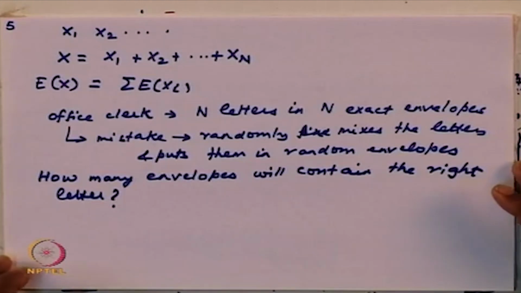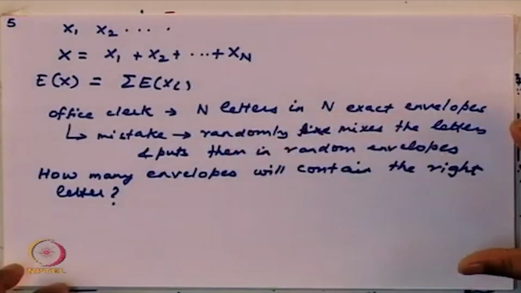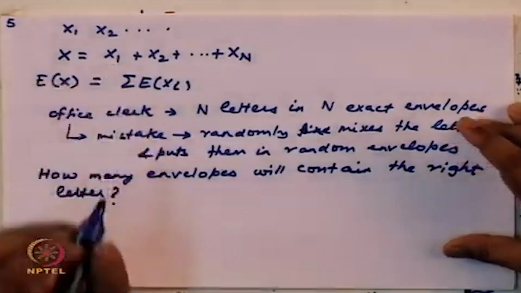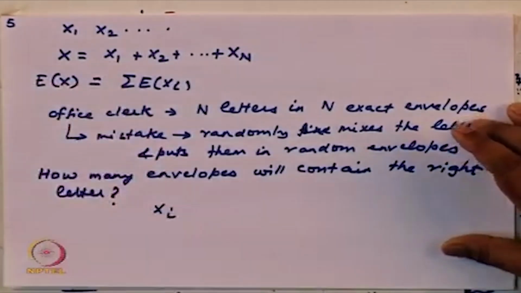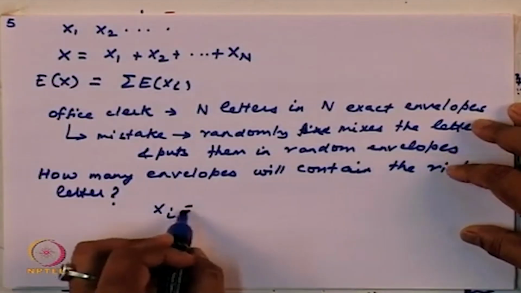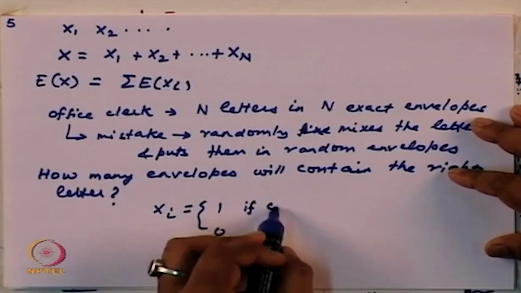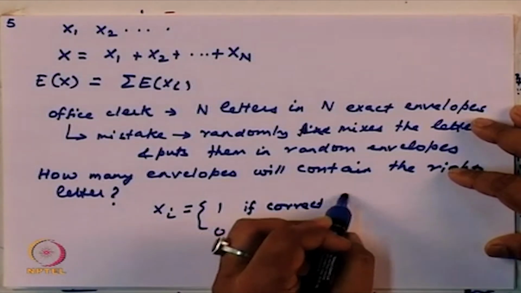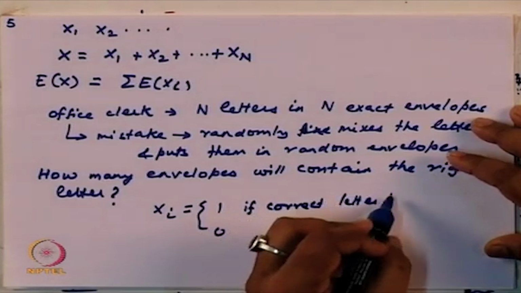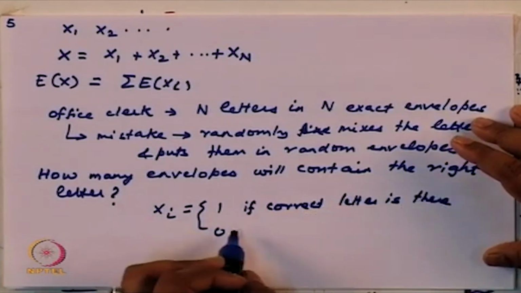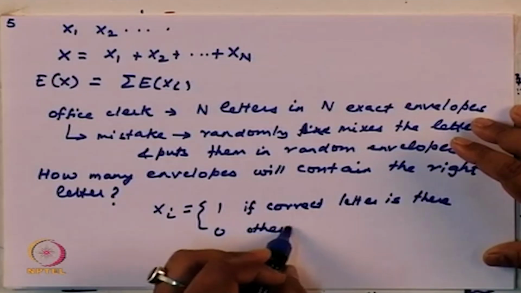So, how do we do it? You have n letters to be put in n exact envelopes. Let us define x i as a random variable which can take two values, 1 if the correct letter is there, and 0 otherwise.